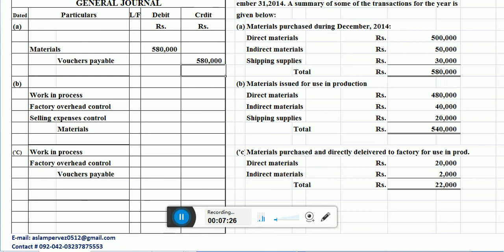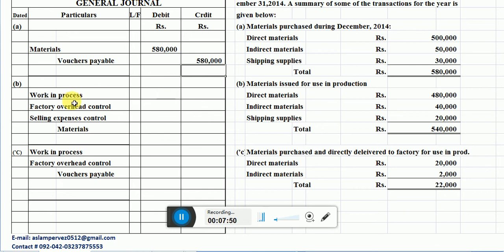For this purpose, we have to charge this material in three categories. Number one, work in process, which belongs to the direct material; factory overhead control, which belongs to the indirect material; and selling expense control, meaning shipping supplies here.